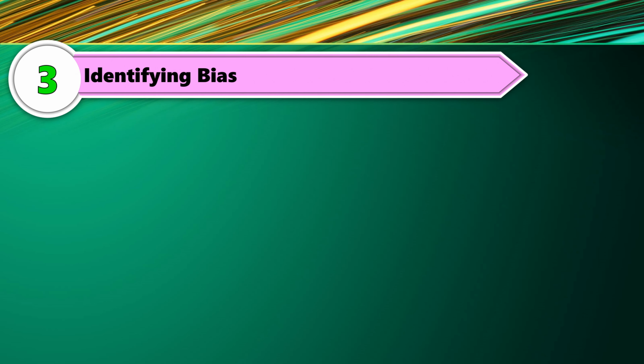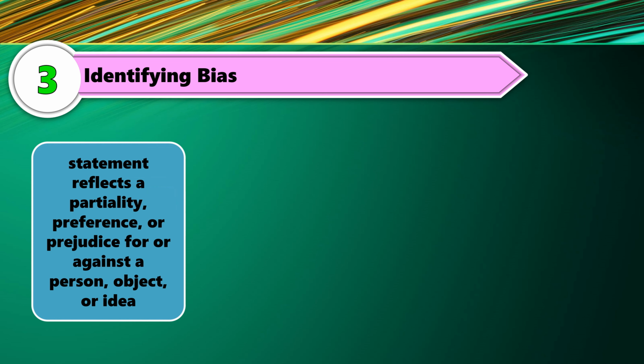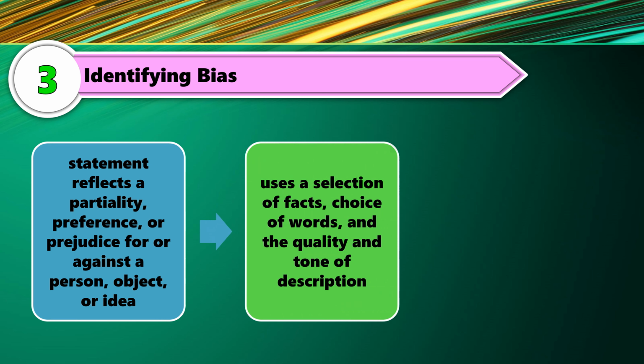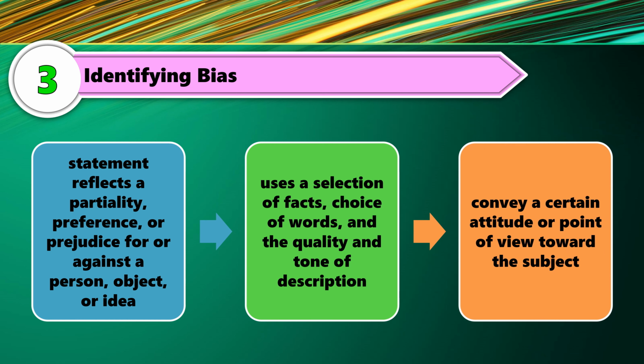The third skill is identifying bias. Bias is a statement that reflects a partiality, preference, or prejudice for or against a person, object, or idea. It uses a selection of facts, choice of words, and the quality and tone of description.